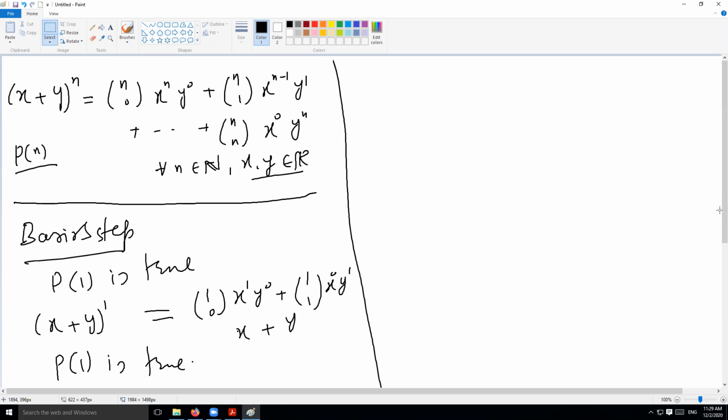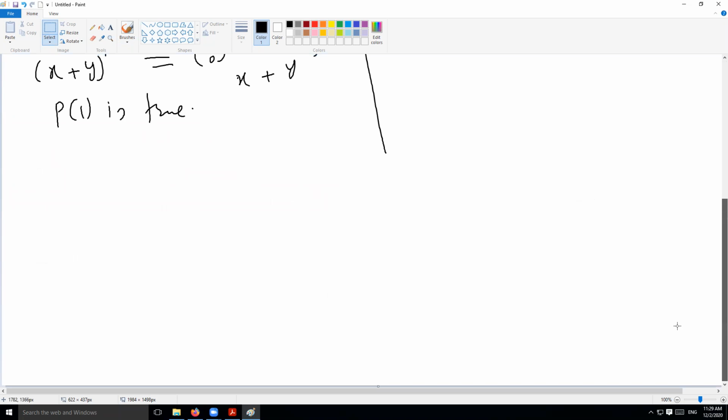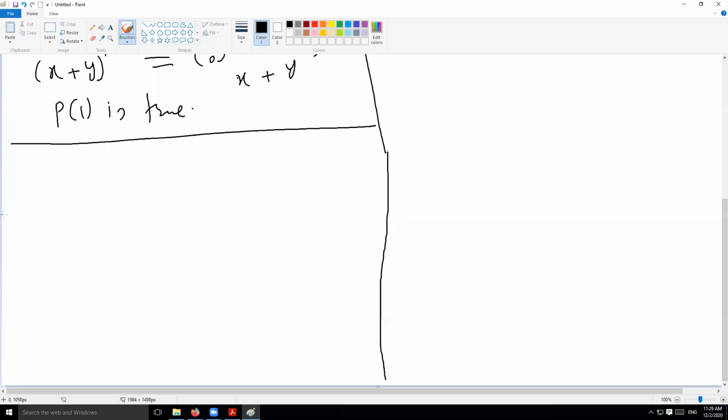So what should we do next? We should now do the inductive step: if P of k is true, then P of k plus 1 is true. So suppose that P of k is true. What do I mean by that?